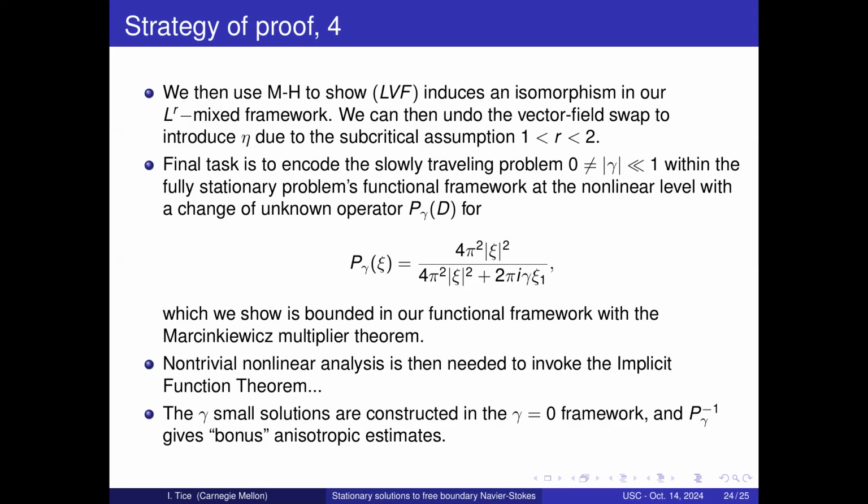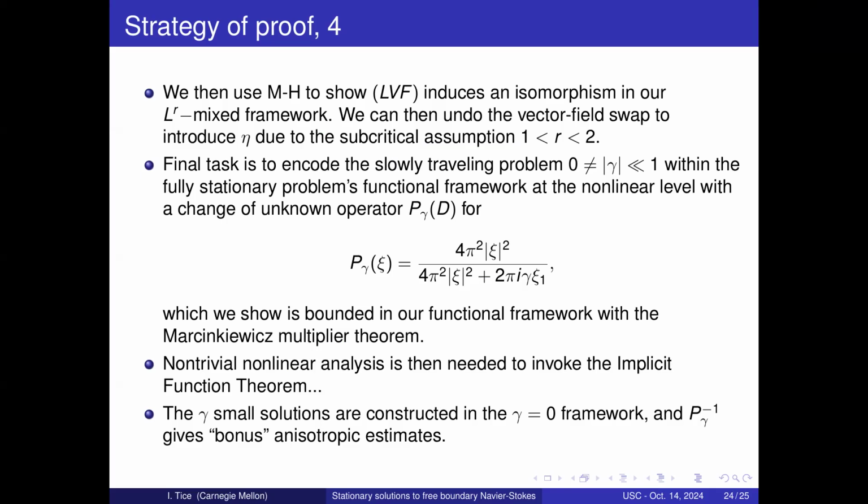So the final task is this: all of what I've told you is essentially how to build the functional framework for the stationary problem, but I told you that we're able to actually solve the traveling problem as well in that context. This involves a trick at the nonlinear level where we somehow embed the traveling problem into the stationary problem by use of another operator defined via a Fourier multiplier.